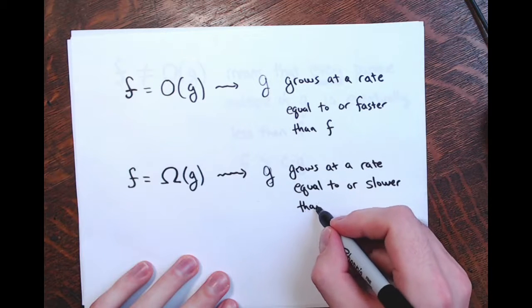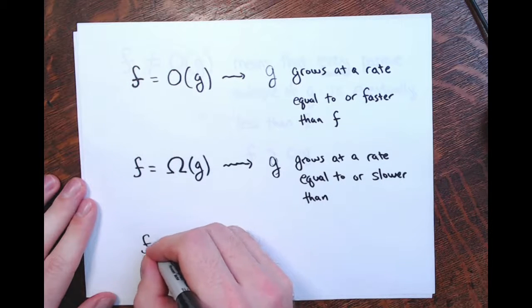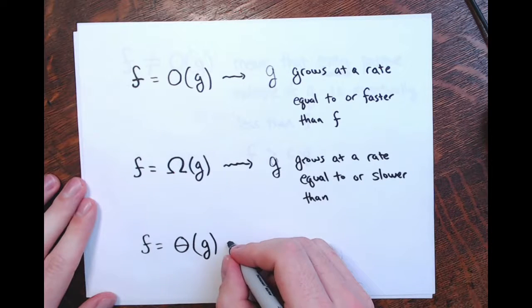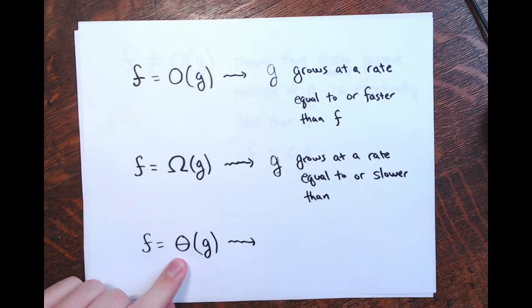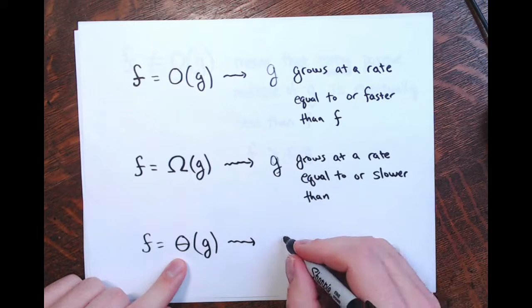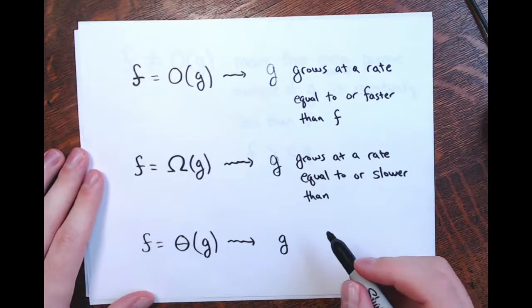Right. So then this last notation, you're going to see is f equals theta of g, big theta. This is just both of these. So g and f have similar or equivalent growth rates.